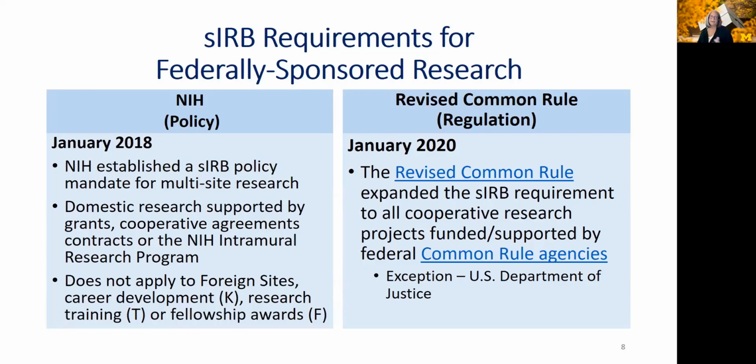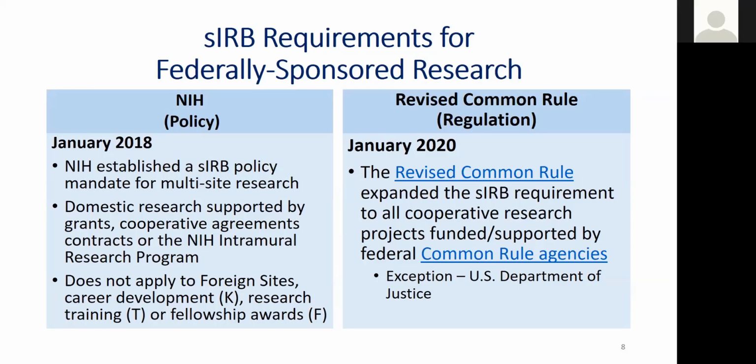Domestically, well, really, in all cases, for research that is supported by a federal agency. And so it includes all of the sponsoring agencies that you can think of, including the NIH, the NSF, the Department of Defense, Department of Energy.